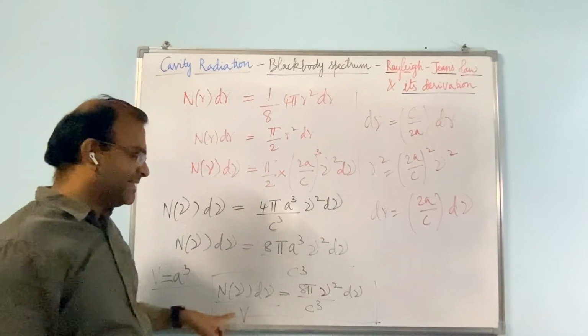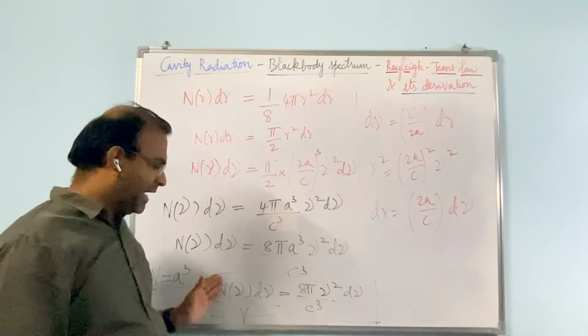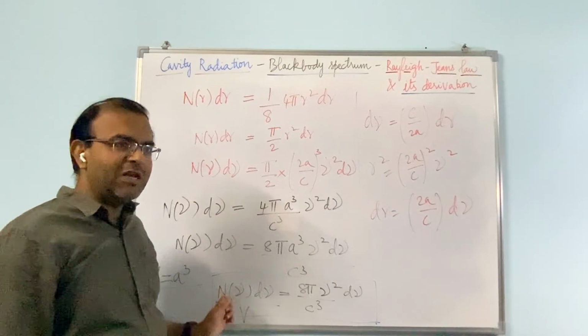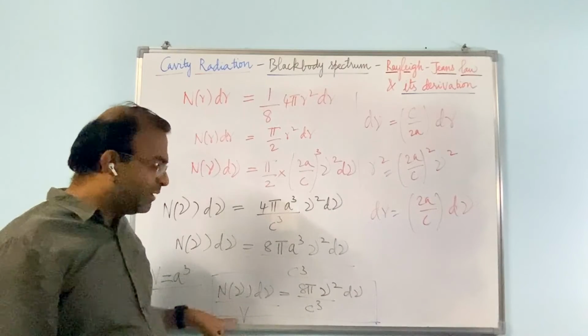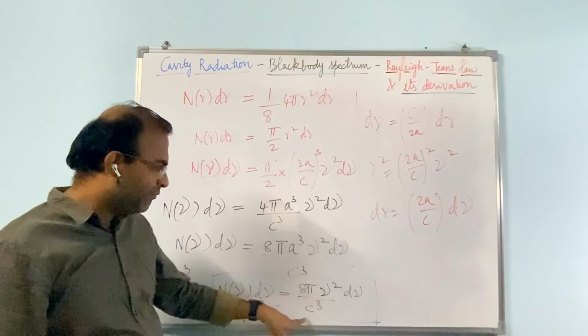So this gives us the number of modes or number of waves in a given frequency range between nu and nu plus d nu per unit volume, because we have divided here by volume to get rid of the a cube.